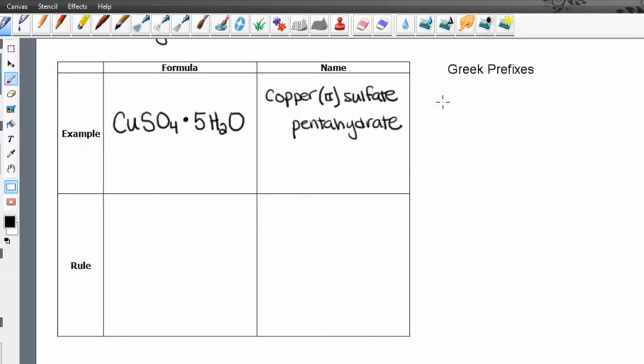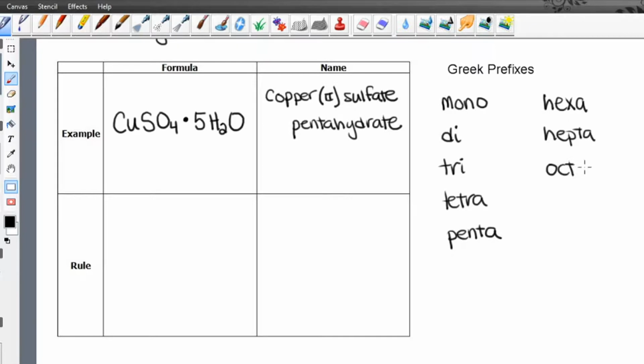Our Greek prefixes are as follows. Mono for 1. Di. Tri. Tetra. Penta. So that's 1 through 5. Here's number 6, hexa. Hepta.